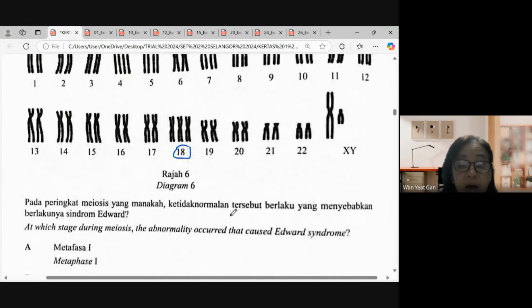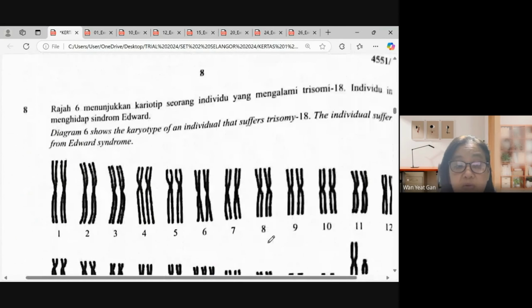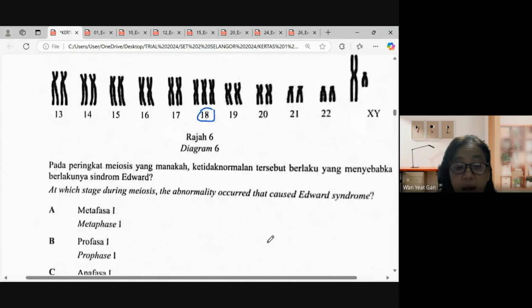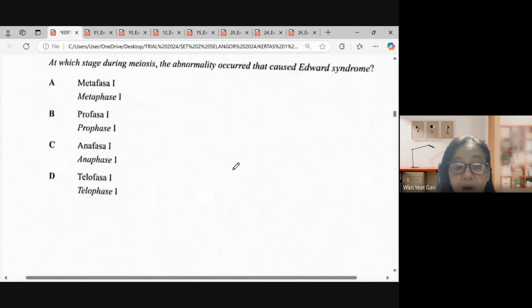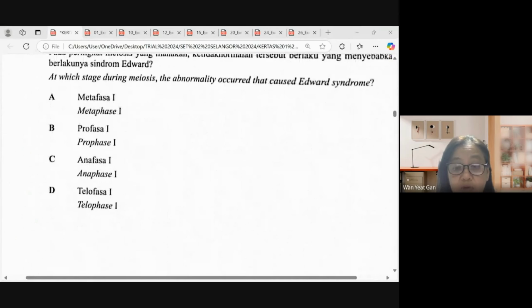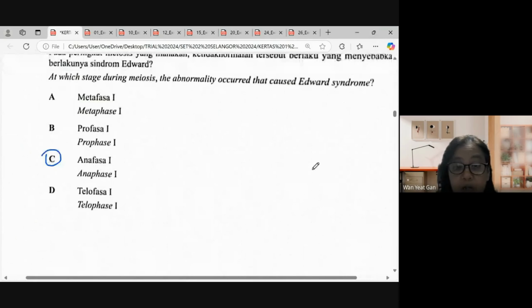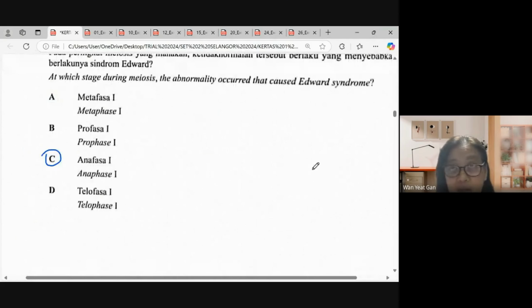Now, Edwards syndrome has 3 chromosome number 18, similar to Down syndrome having an extra chromosome number 21. So in this case, the number of chromosomes that increases is due to non-disjunction during anaphase 1. During anaphase 1, non-disjunction, where the 2 homologous chromosomes did not separate but moved together to one pole.